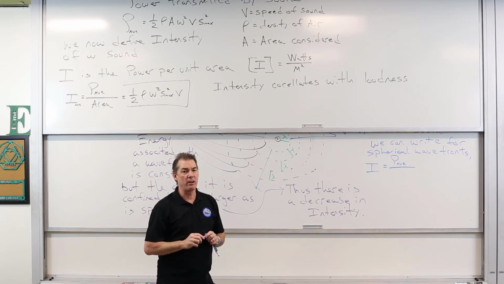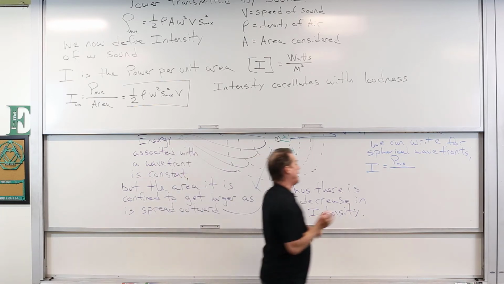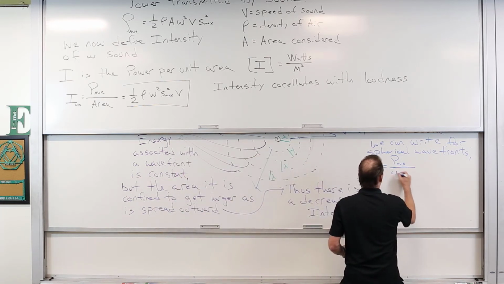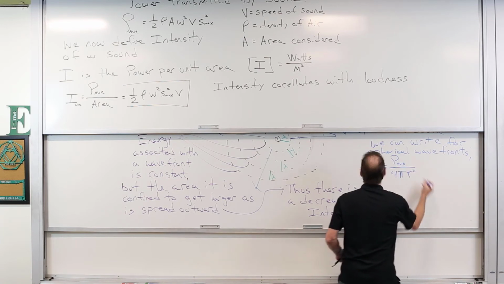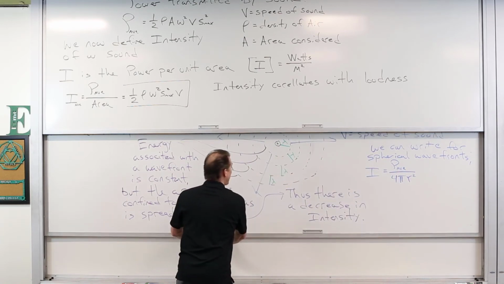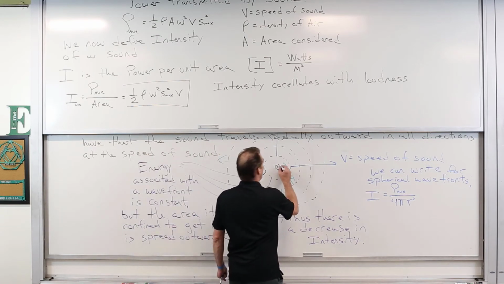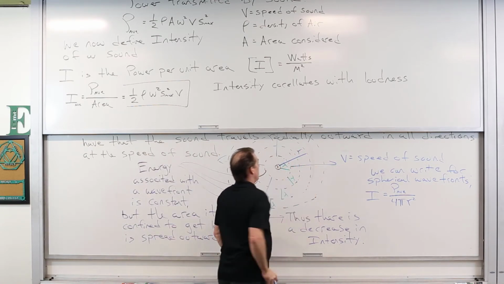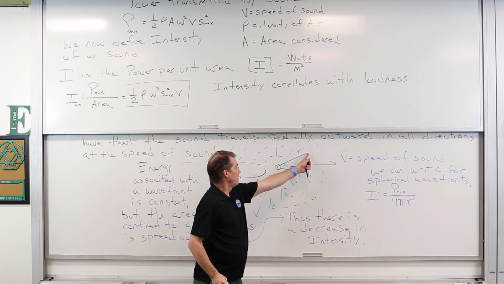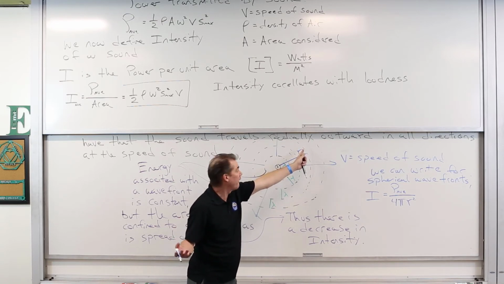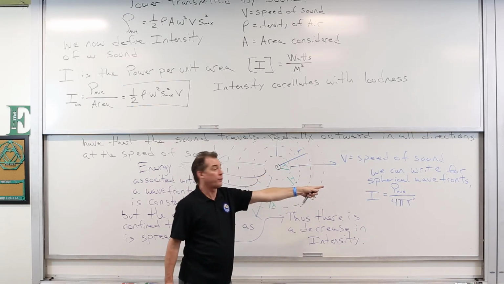What's the area of a sphere? 4 pi r squared. That's right. 4 pi r squared. Where what's r in this case? R is your radial distance away from the source. Your distance, this r away? Well, there's a certain amount of energy per unit area here, power per unit area, and that correlates with the intensity.